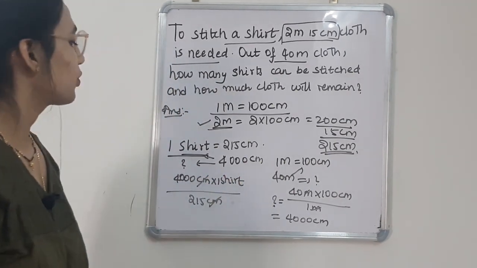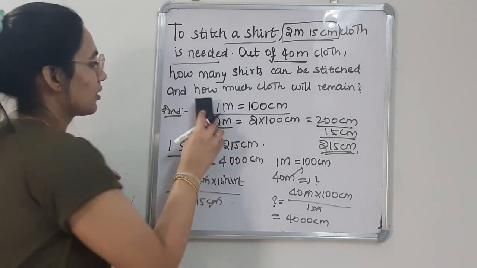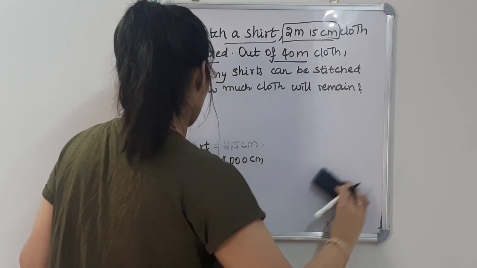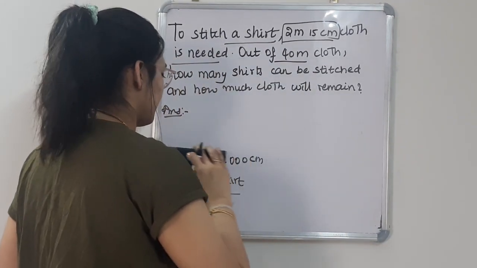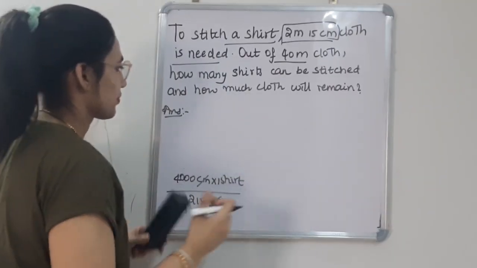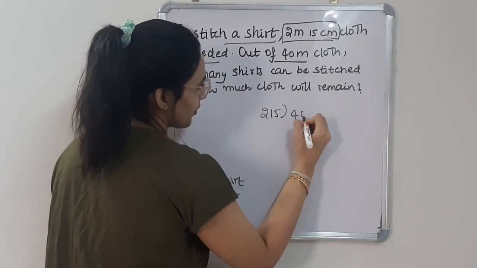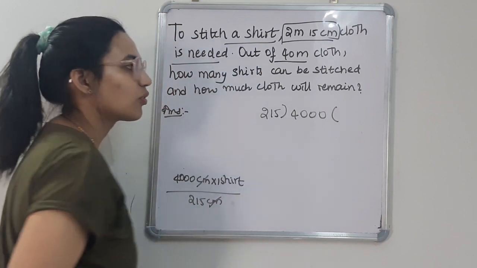Now we need to divide 4000 by 215. Let me take this off. Now let's do the division: 215 into 4000.